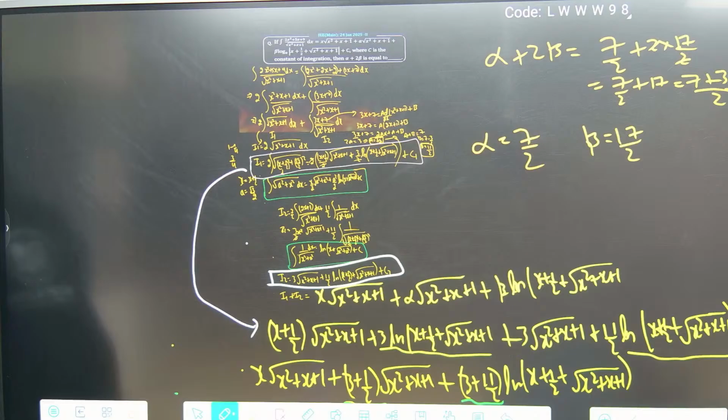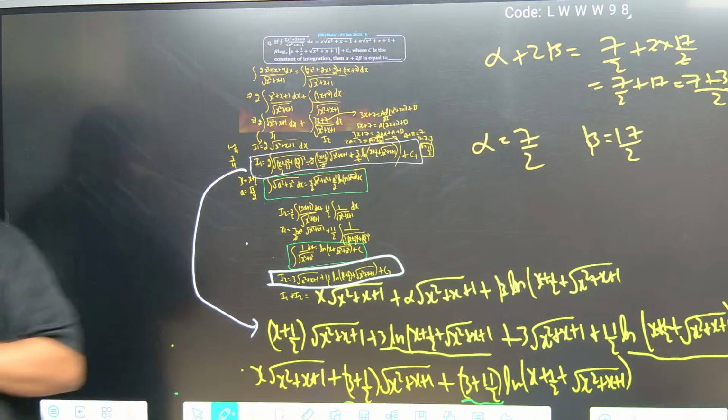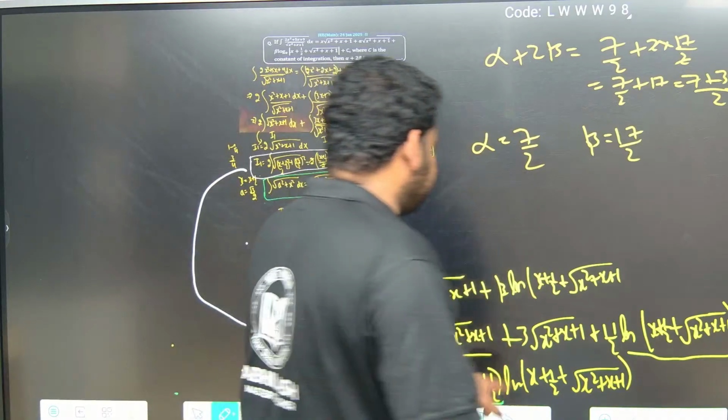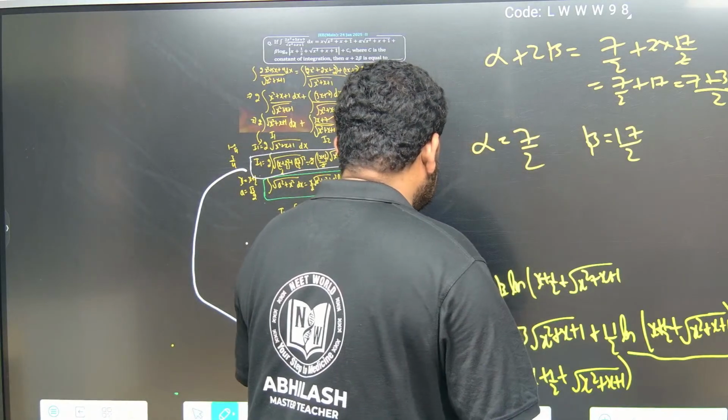Sometimes there will be a typo mistake. Okay, this is actually 11 by 2.